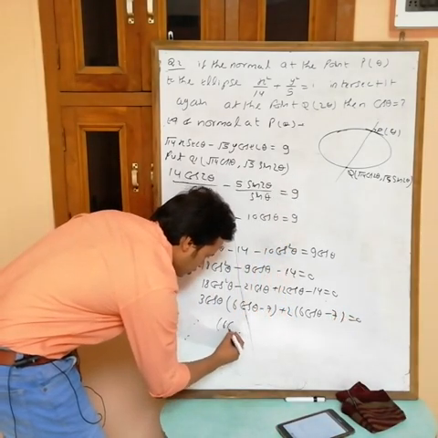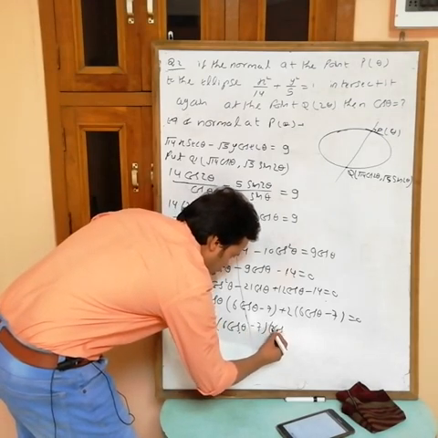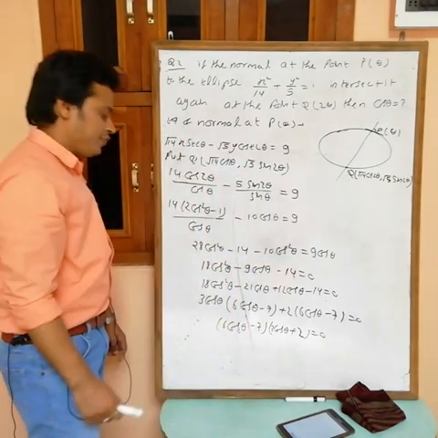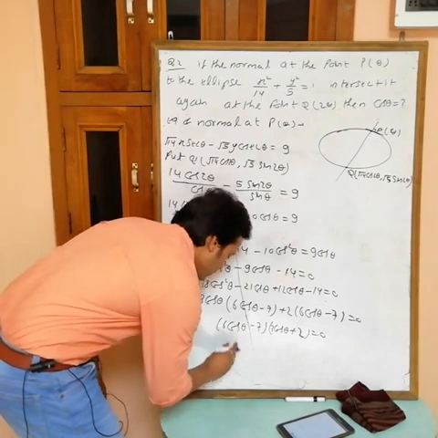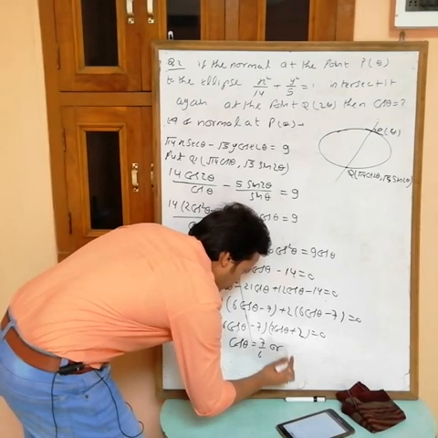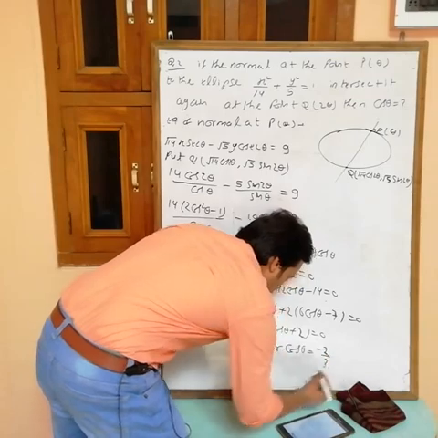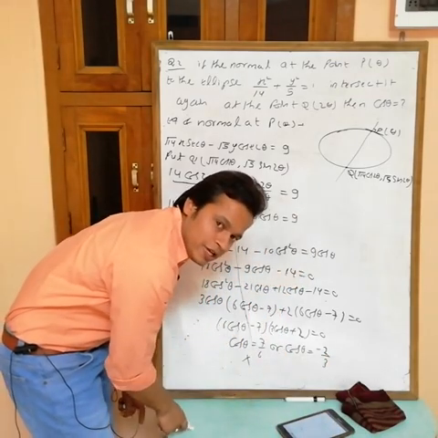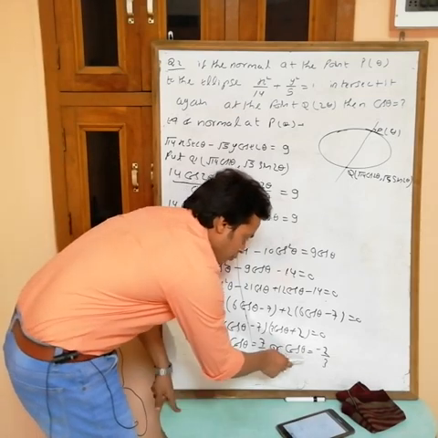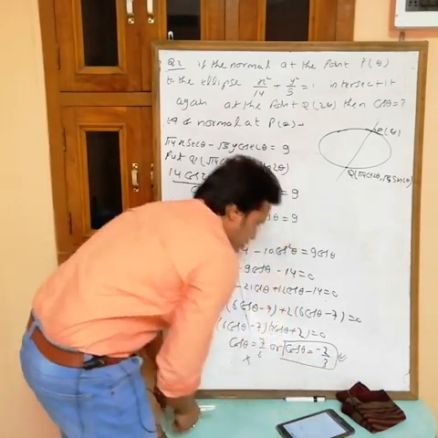Now again take common 6 cos theta minus 7, 3 cos theta plus 2 equals 0. Now if you put each equal to 0, we get cos theta equals 7 by 6, and from the other cos theta equals minus 2 by 3. Now cos theta can't be equal to 7 by 6 because 7 by 6 is greater than 1 and cos theta can't be greater than 1, but cos theta can be equal to minus 2 by 3, so this is the answer.